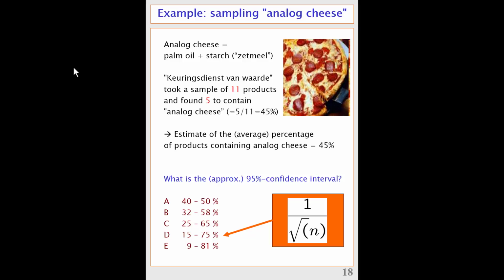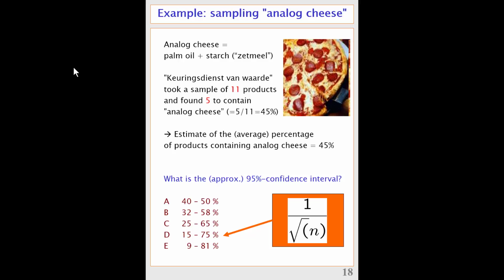So this should be 1 over 20, and we need n equal to 400. So with n equal to 400, we should be able to reduce that interval to something that is way smaller. If you want to get it really, really small, 45% plus or minus 1, then this has to be 1%, this has to be 100 over here, and you have to have 10,000.